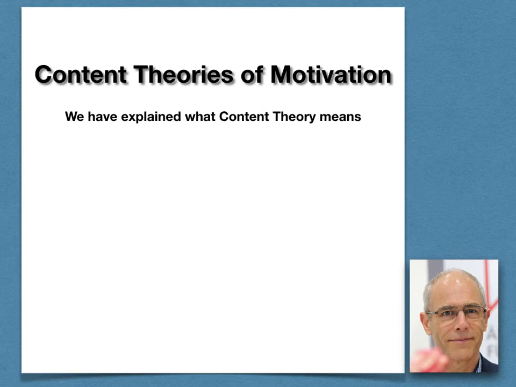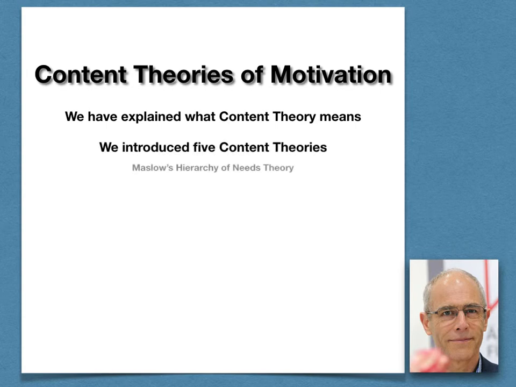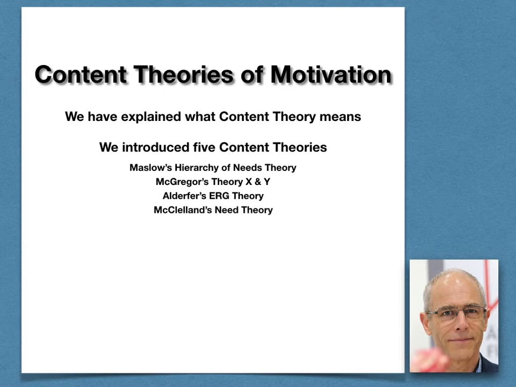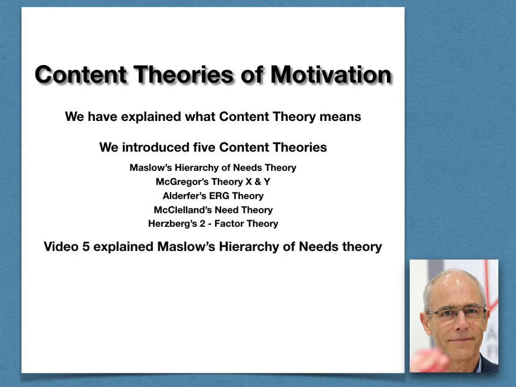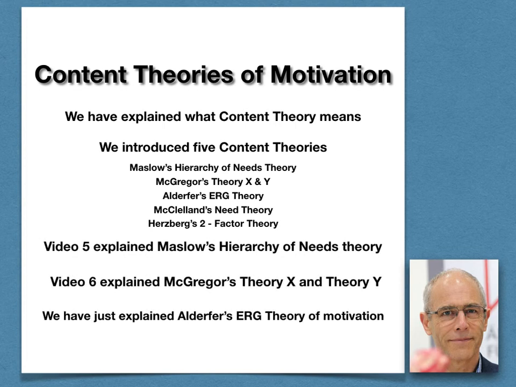Thus far, in this second part of our video series, we have explained what content theory means. We introduced 5 content theories: Maslow's hierarchy of needs theory, McGregor's theory X and theory Y, Alderfer's ERG theory, McClelland's need theory, and Herzberg's two-factor theory. In video 5, we explained the first of the content theories, Maslow's hierarchy of needs theory.